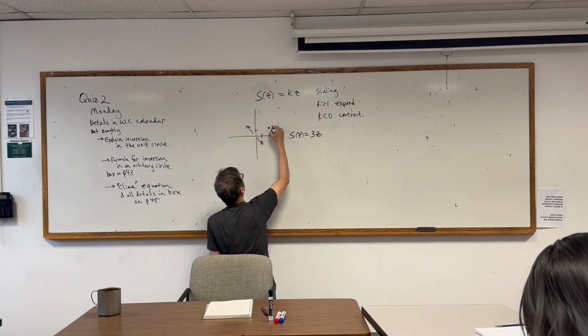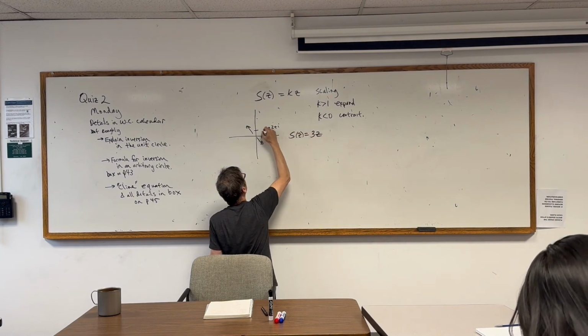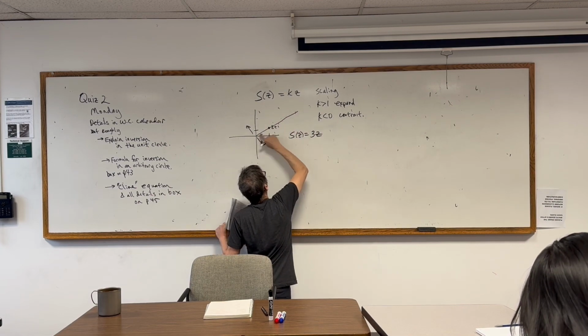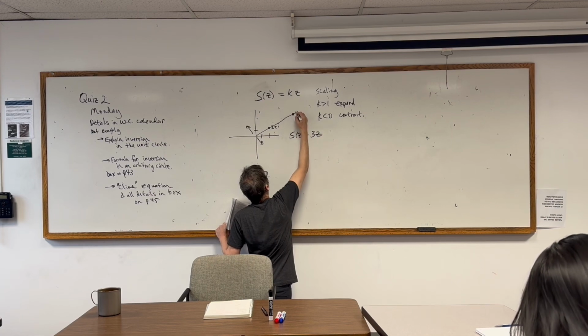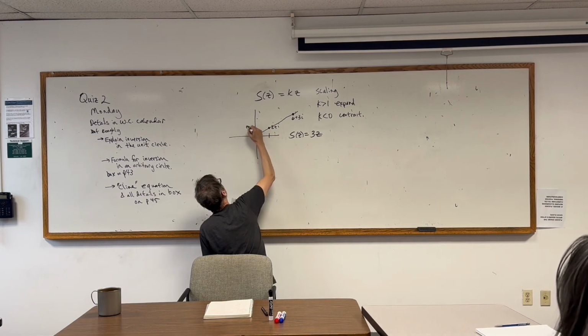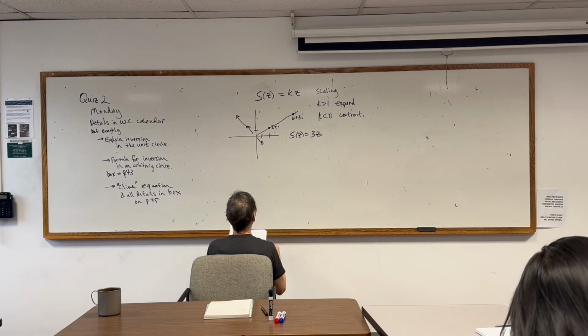It's going to turn that into 6 plus 3I. But really what it's doing is moving it along this line and stretching it out in that direction. And it's doing that everywhere. So if I had a point over here, it would end up moving out this way by a factor of 3 away from the origin.